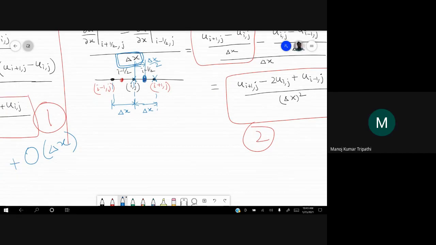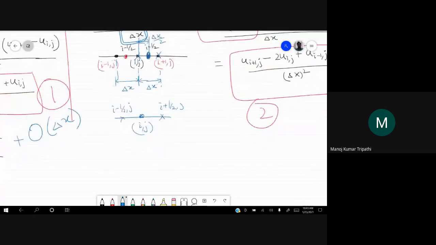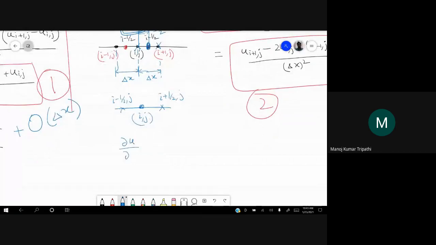Okay. So let us see that again. This is I comma j. This is I plus half comma j. And this is I minus half comma j. The denominator is, so let me write the dou u by dou x or dou phi by dou x at ij. I wrote it as phi at I plus half comma j minus phi at I minus half comma j.